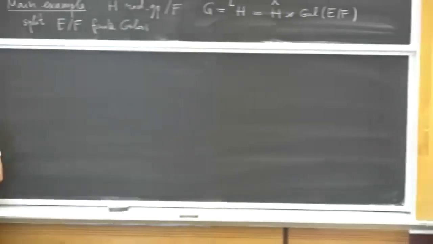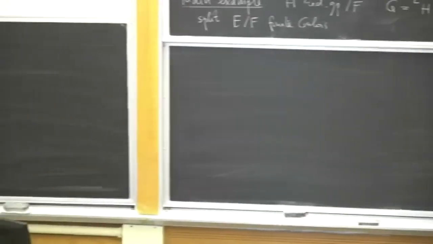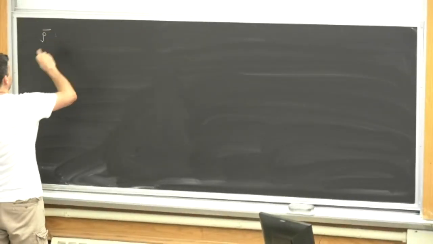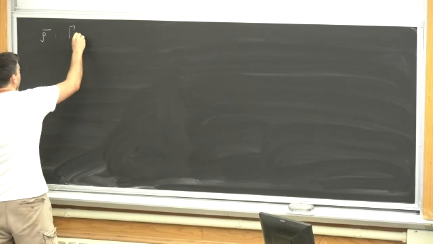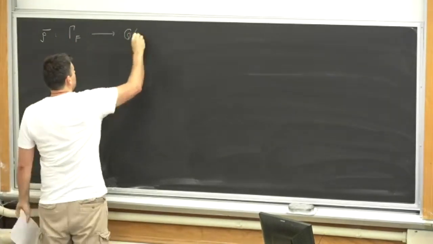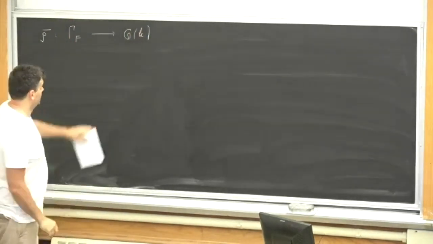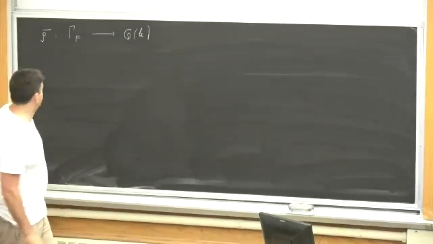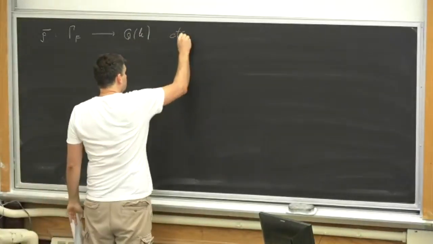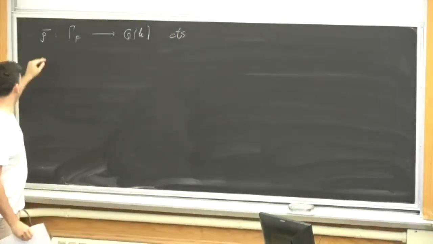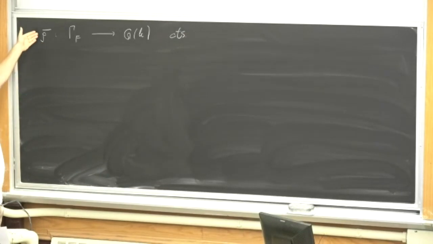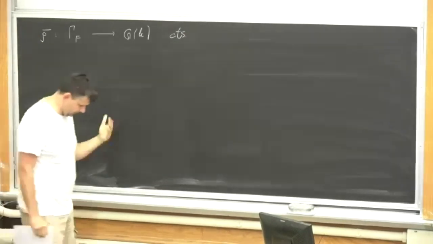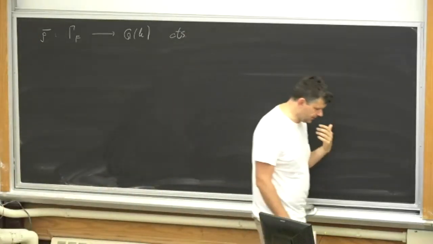Okay, so now I want to introduce a representation that I'm wanting to study. So I give myself a rho bar, a Galois representation, from Gamma F to G of K, where K is this finite residue field, and continuous. And I would like to look at its deformations to understand its deformation space.